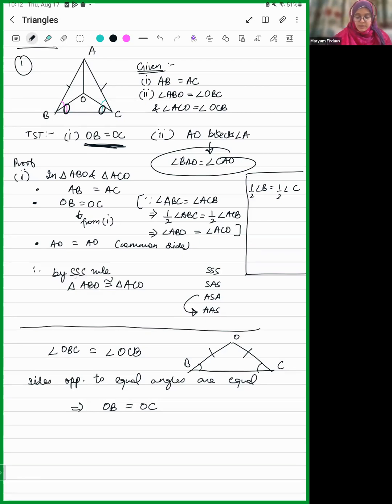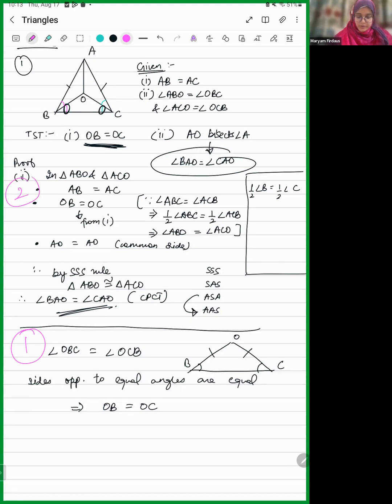So since they both are congruent, therefore angle BAO is equal to angle CAO by CPCT, and that proves what we wanted. So first you have to prove this thing.